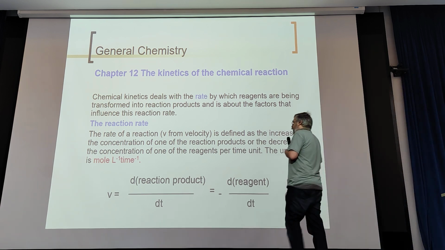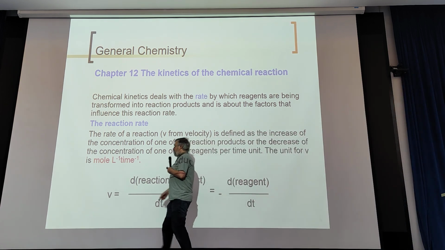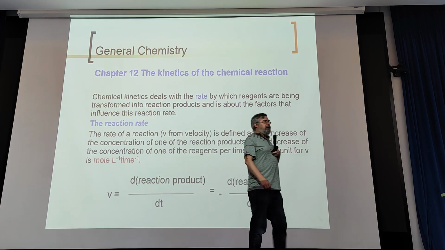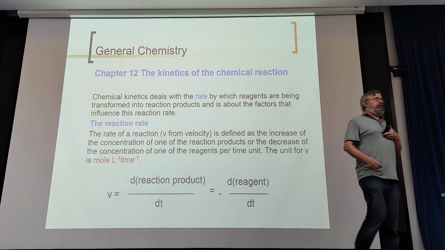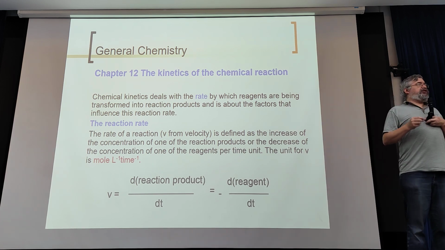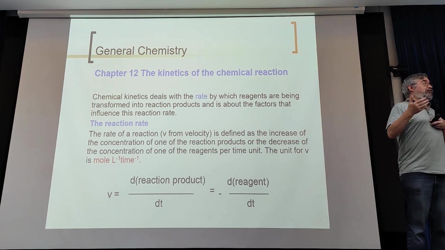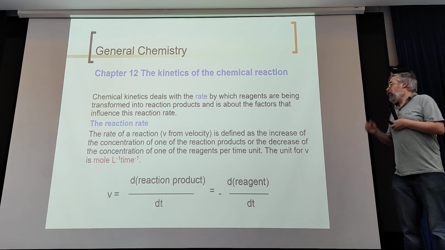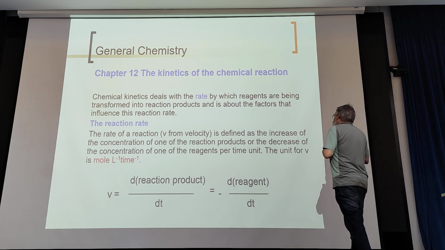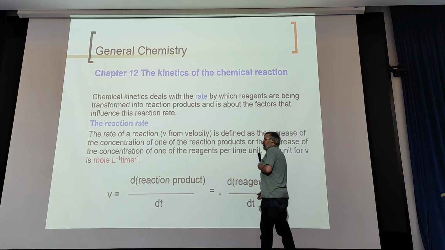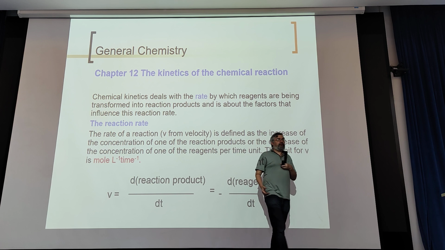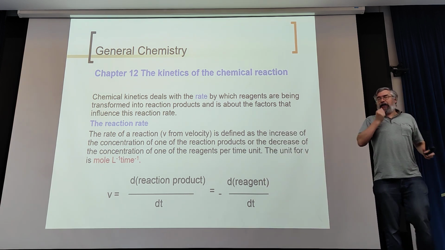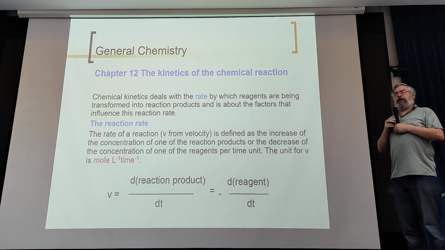So the rate is given by the letter V. I think it comes from the Latin velociter, so we hear velocity, which is a very expensive word for rate, for speed. So indeed, if you look from the reaction products, it's a positive number because it's increasing as the reaction is going.